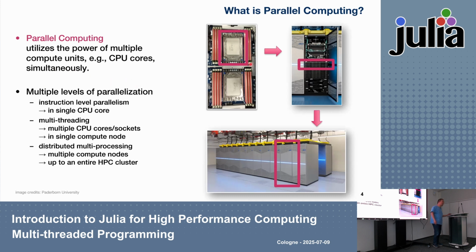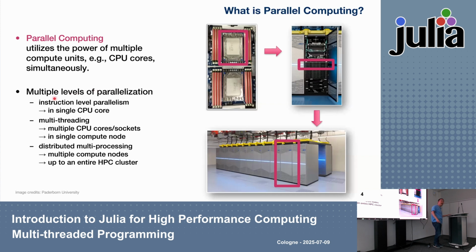If you look at the architecture of a cluster system from the fine level, this is a single node with two CPU sockets, as you can see. Believe it or not, even for a single socket, you already have some parallelization inside.